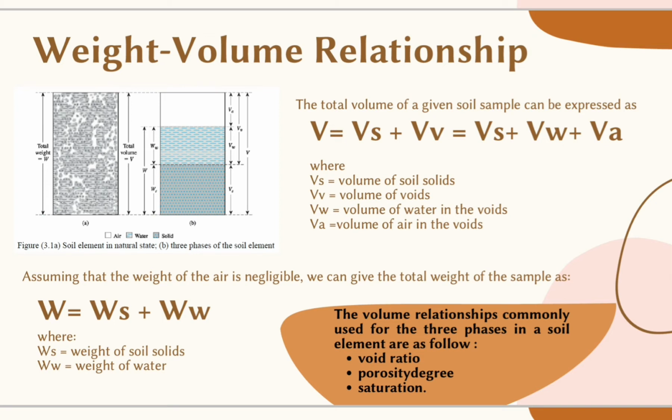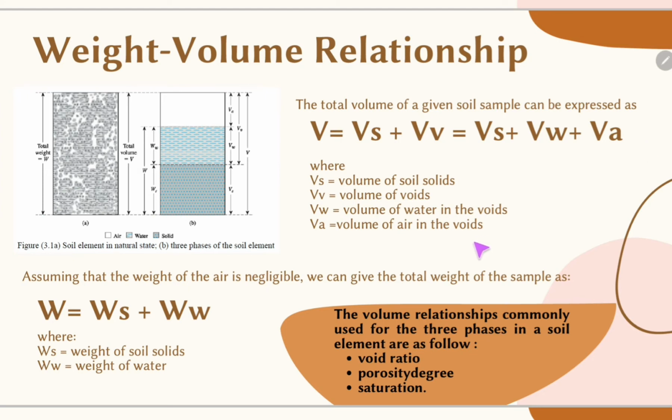Thus, the total volume of a given soil can be expressed in this equation: V is the volume of the soil solids plus the volume of the voids. Again, volume of the voids is volume of air plus volume of water. So, total volume is volume of soil solids plus volume of water plus volume of air.